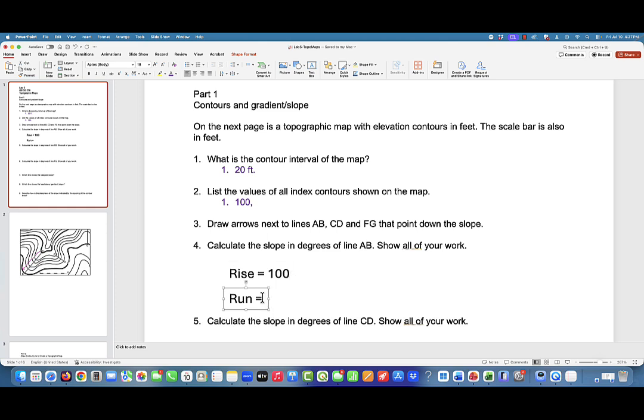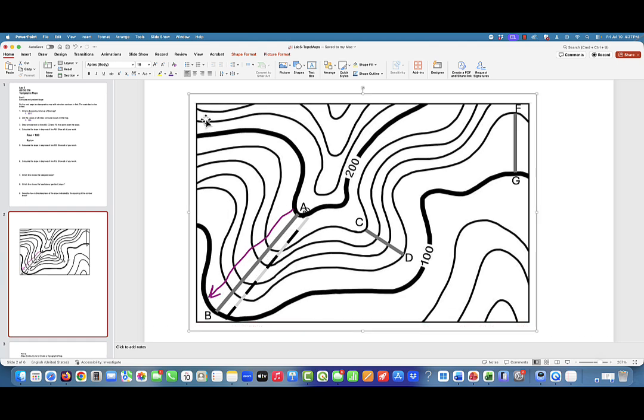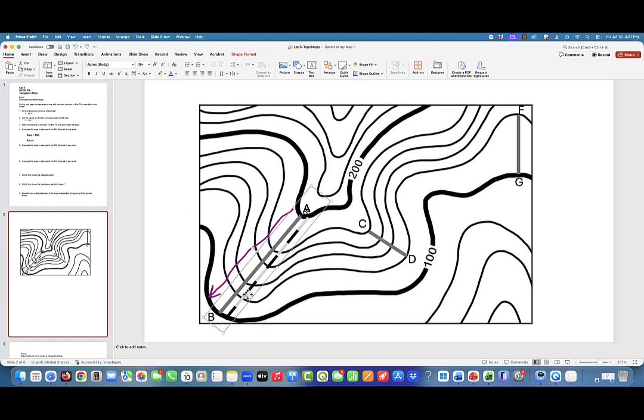And then the run, this is what we're going to measure from the map. And once again, we're given a map scale here. I'm going to move that over here, twist it around, or you can do this on paper, of course, if you want to. And we can see here that the difference between these is just under 800 feet.